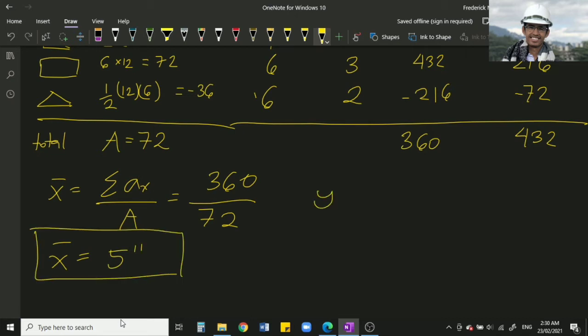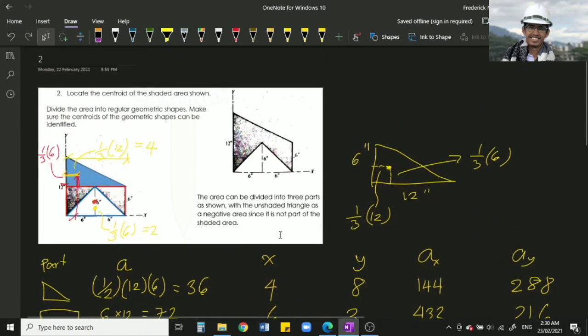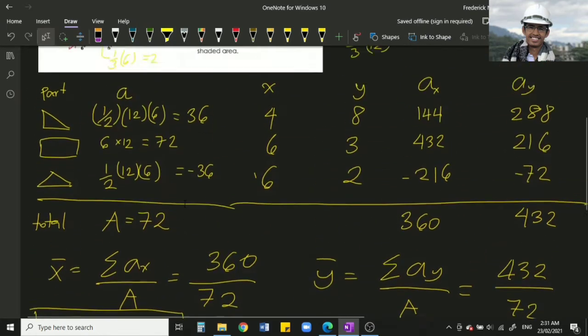And for the bar Y naman, bar Y is equal to, ganun din, summation of AY over total area ng figure natin. So, that will be 432 over yung total area, 72. So, bar Y now will be equal to 6 inches. Okay? So, yun yung magiging sagot natin. So, madali lang. Basta alam lang natin yung mga centroid ng ating mga individual parts. And always yung reference natin sa X and Y axis. Okay? So, next problem.